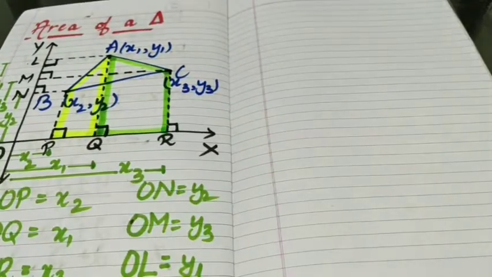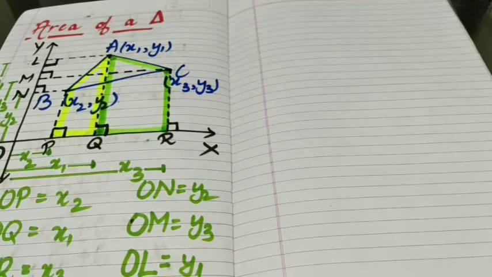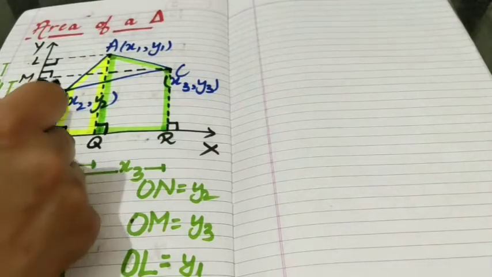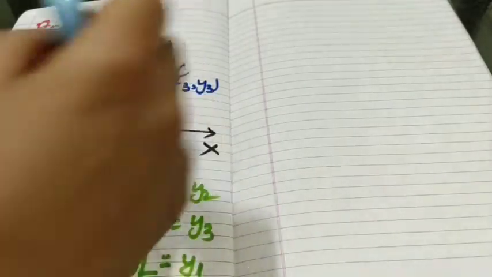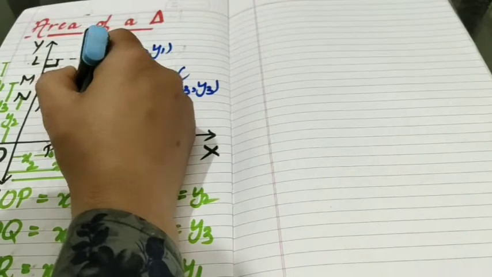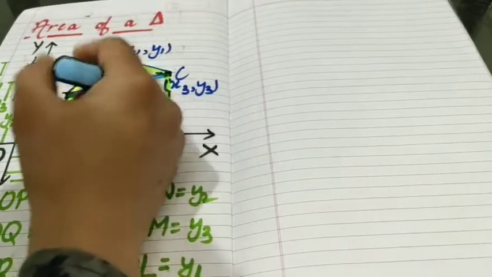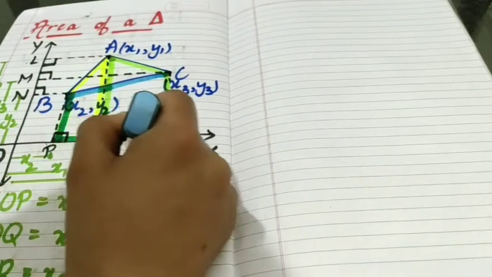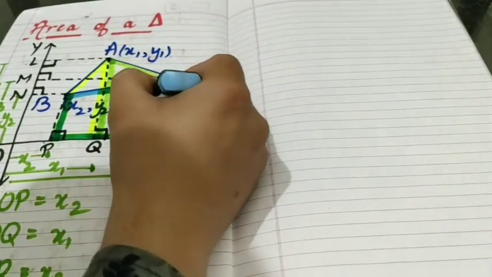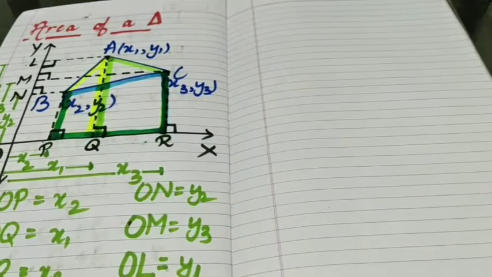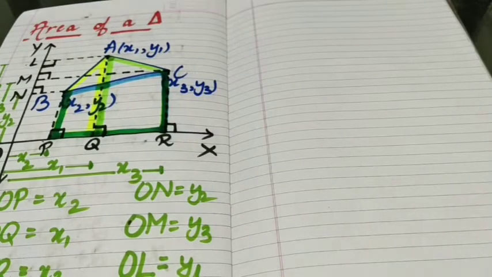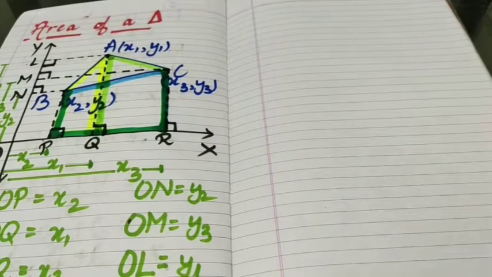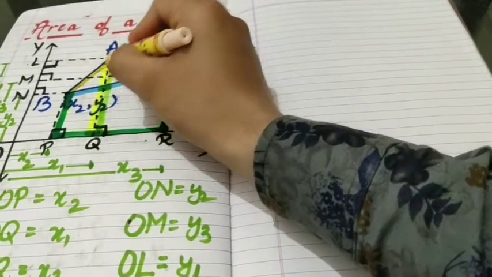If from the areas of these two trapeziums we subtract the area of trapezium BPRC, which is this one, by doing this we will be left with the area of triangle ABC, which is this shaded region only.